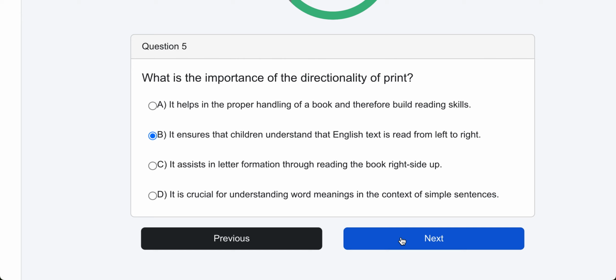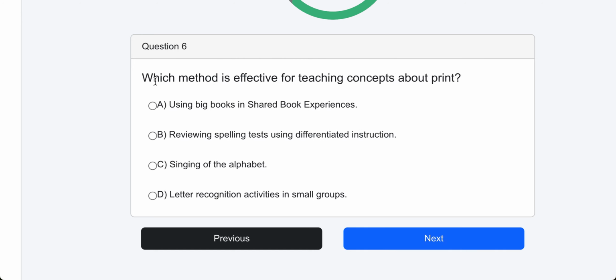Moving on to question 6. Here we go. This reads, which method is effective for teaching concepts about print? Pause the video here, make your selection, and then we'll go over it together. All right. So, shared book experiences using big books.